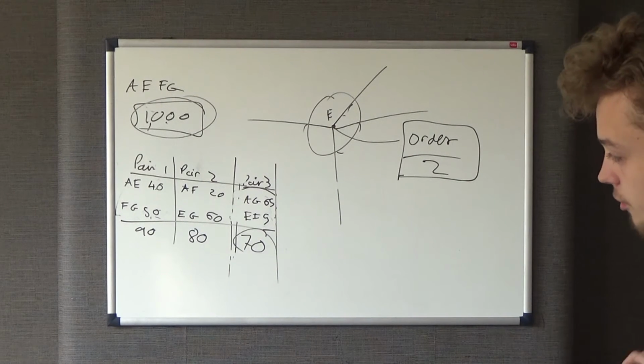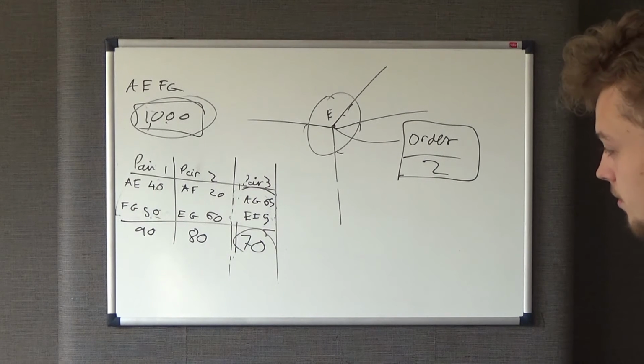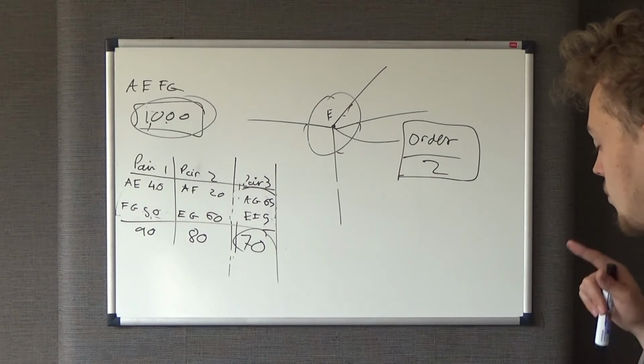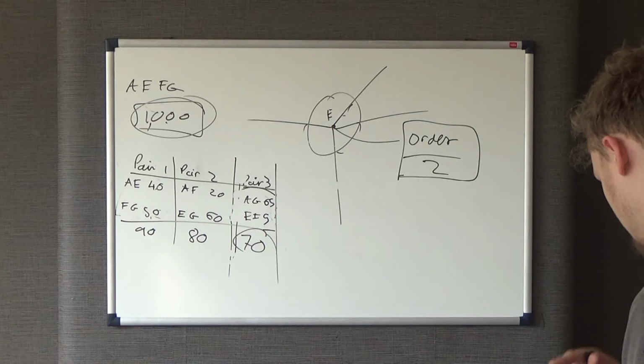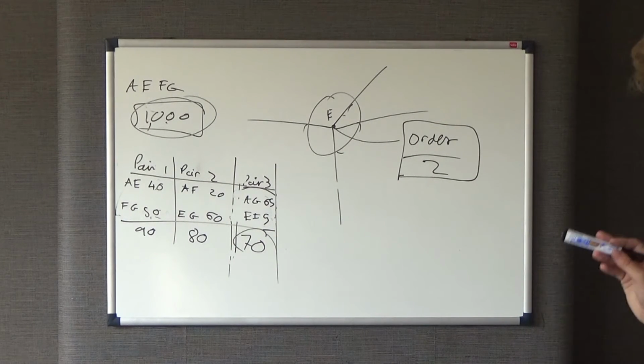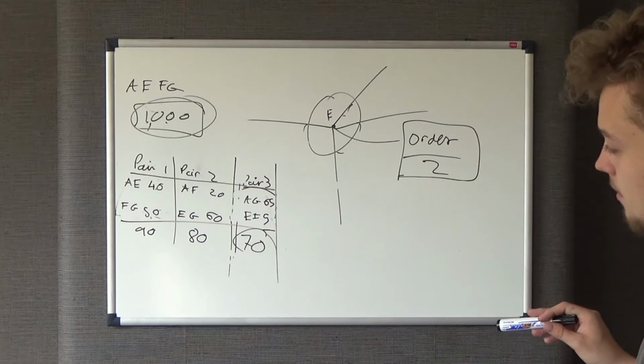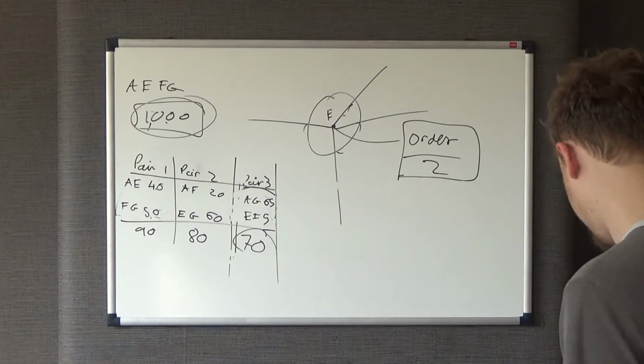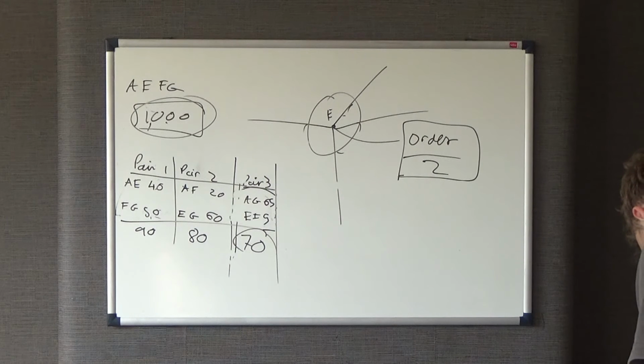So for that particular example, you should look for the smallest pair.